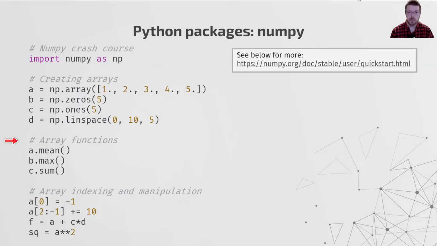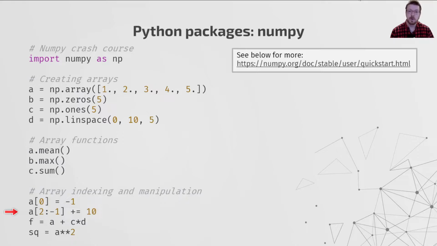Once we have NumPy arrays, there are many built-in functions that can operate on the array objects to tell us something about them. For example, the mean, max, or sum of the values in the array. Individual values or ranges of values can be accessed in an array using square brackets, remembering that the first item is indexed as 0. So, in this line we are setting the first value of A to be -1.